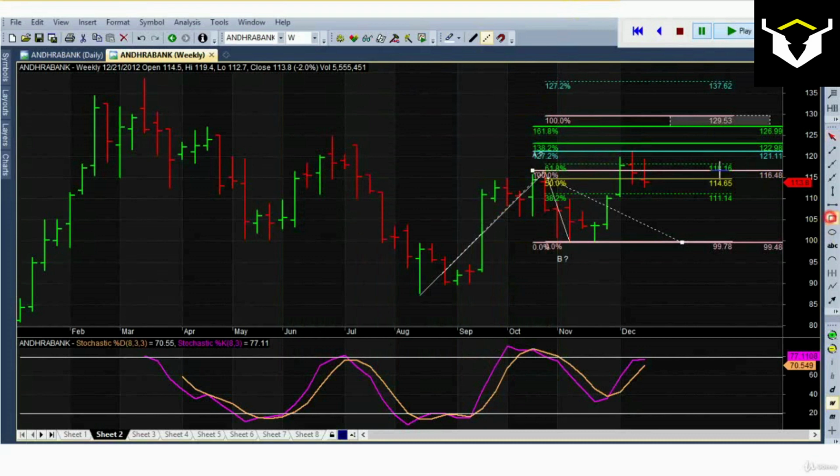Yes, there is another tight cluster at 122.3 to 121 here, right?